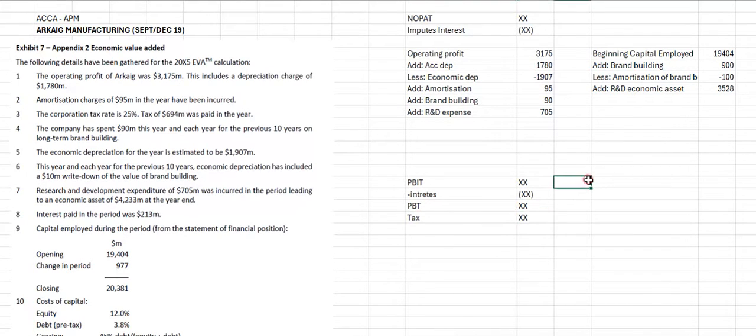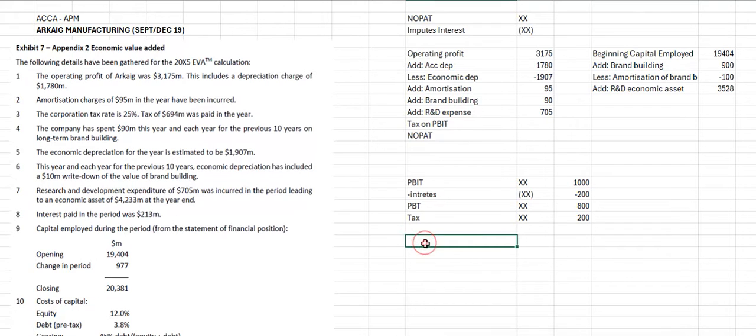For example, if your PBIT is 1,000 and interest is 200, your PBT is 800. The tax percentage is 25%, multiplied by this. But in finding net operating profit after tax, what we must subtract here is tax on operating profit, PBIT.